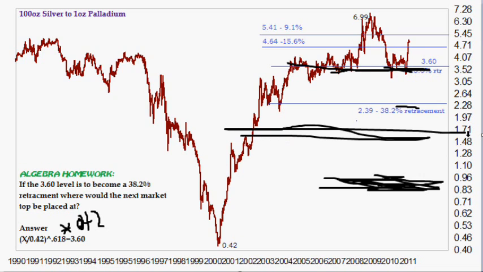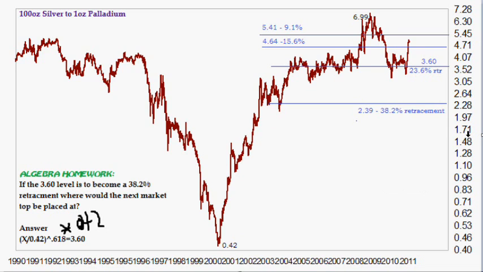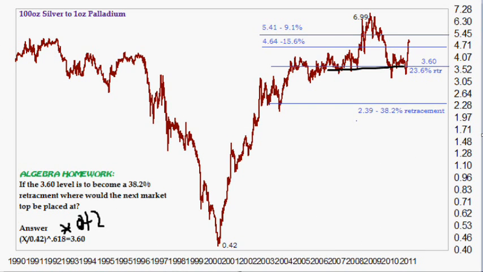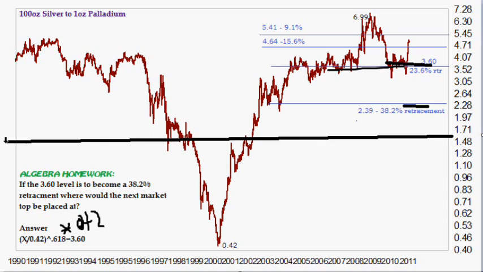Therefore, when you break through that next 13.5 variable, I would be stating that this next Fibonacci line, which is 61.8 down, is going to hit here. So all I have to do within the formula is change it to 0.382. At that point, it would be at 1.58. That would tell me that when this level goes here, the other Fibonacci level will be somewhere in here.